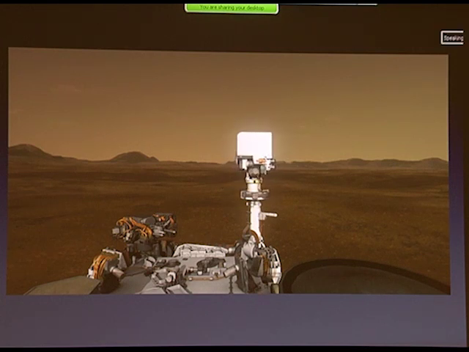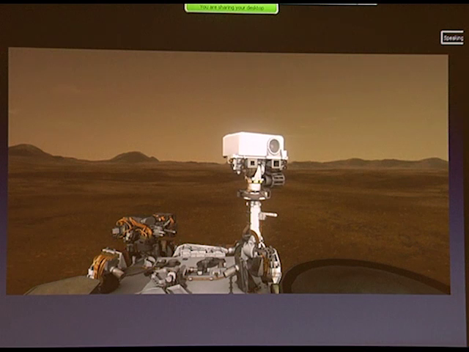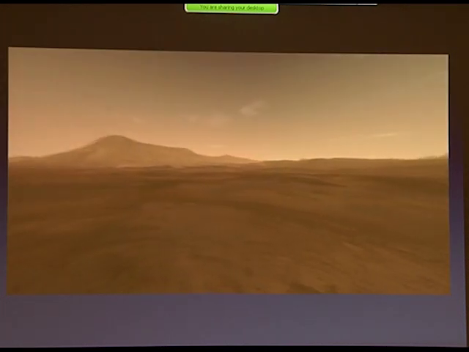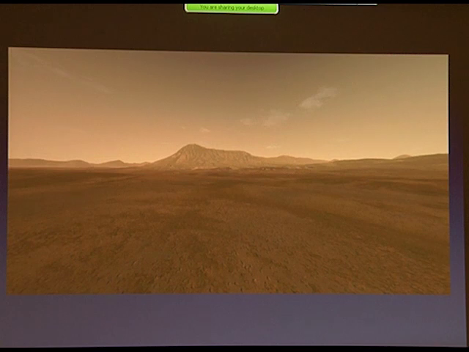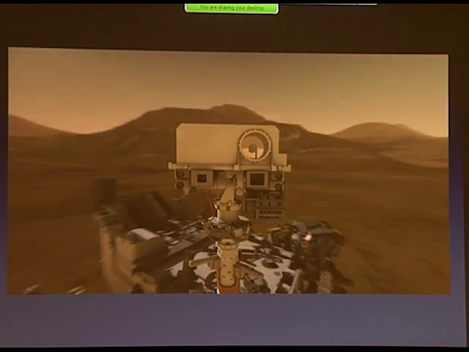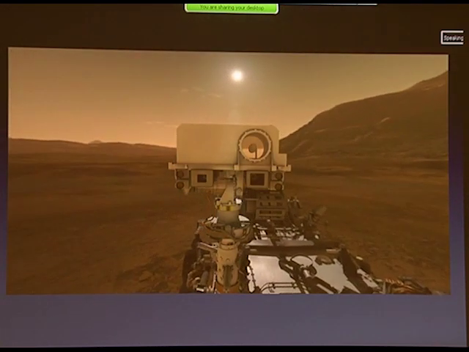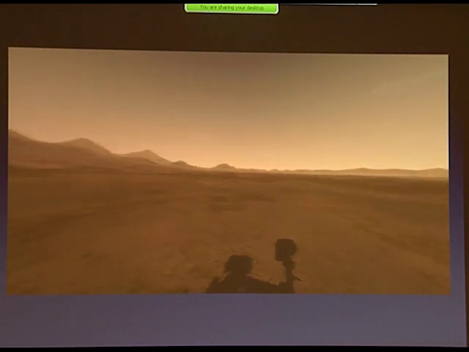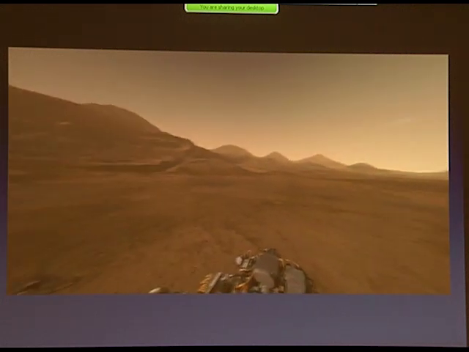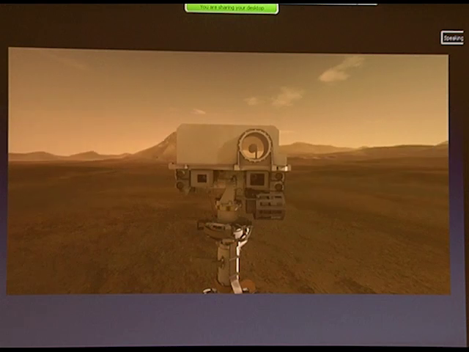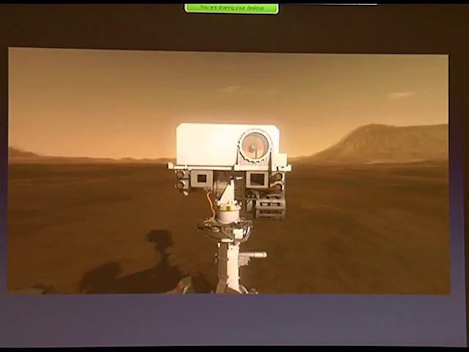Just so you know, it really does not move anywhere near that fast. This is mega fast forward. This arm kind of... That's not the arm. That's the remote sensing mast. And this mast folds every night? Yes, we stow the mast and then redeploy it when we use it.